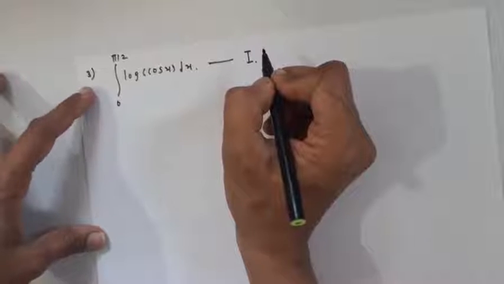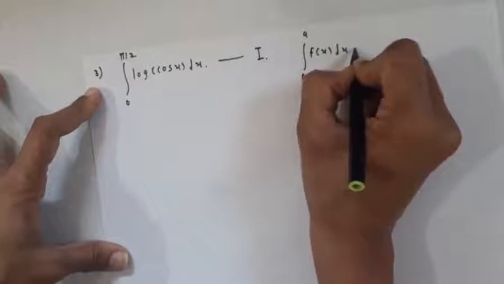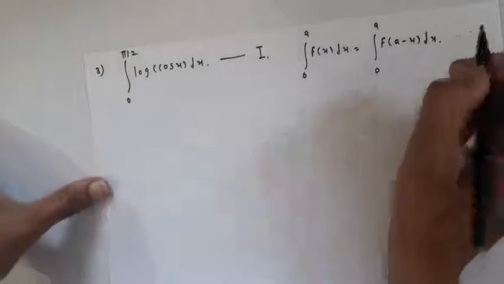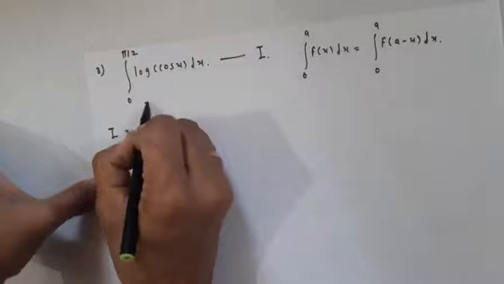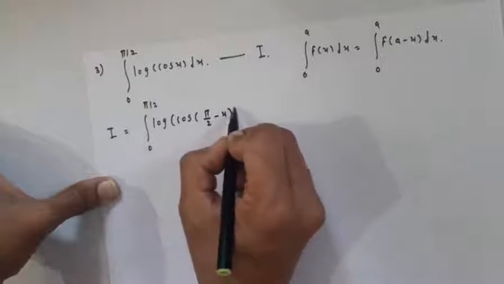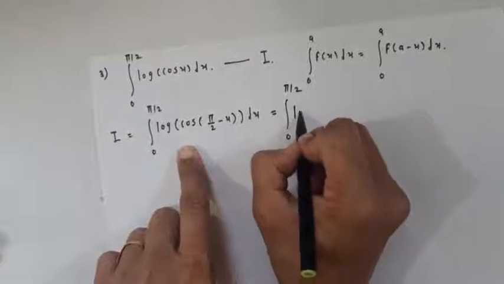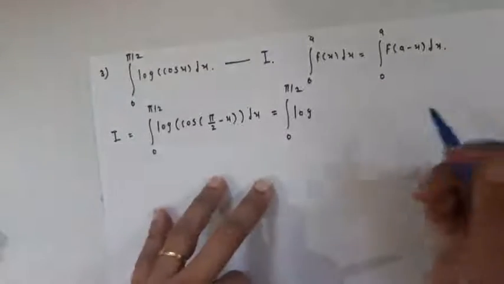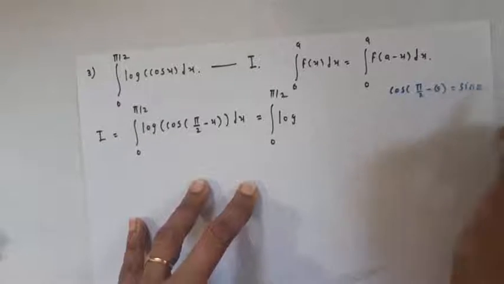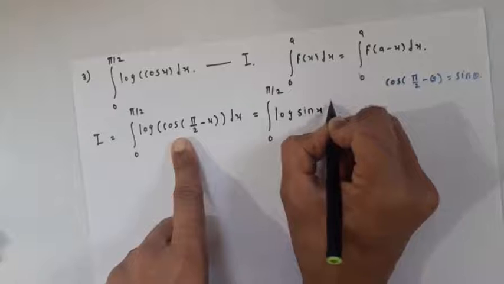Now by using the property that the integral from 0 to a of f(x) dx equals the integral from 0 to a of f(a minus x) dx, integration I equals the integral from 0 to pi by 2 of log of cos of (pi by 2 minus x) dx. By using the formula cos of (pi by 2 minus theta) equals sin theta, this is log of sin of x with respect to x.